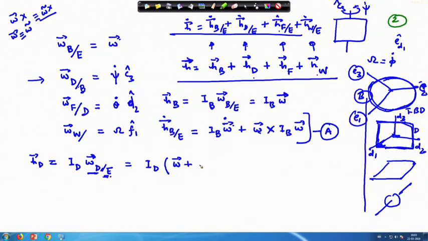So, we can write this as psi dot, or we can write omega times omega d with respect to the B frame. So, this will be equal to omega times psi dot C 3 cap, because psi dot is lying along the C 3 cap direction.